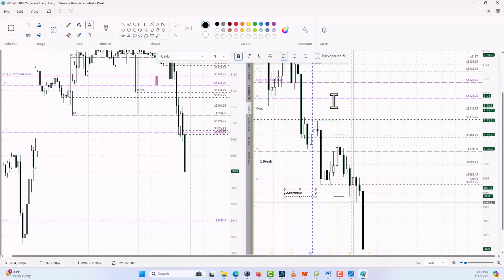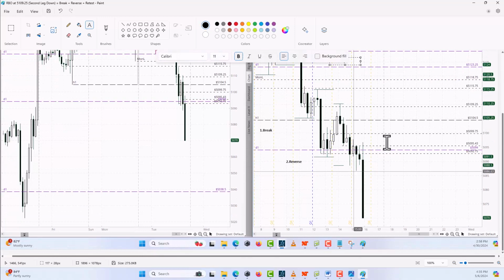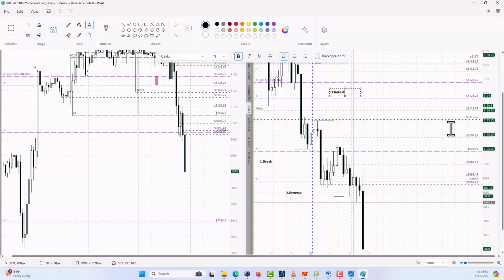Perfect short setup. And step 3, we do have a retest, in this case a retest from above. We have all the elements right there. But then boom, it's going down. So basically it's a real breakout, a real breakdown or breakout for that matter.